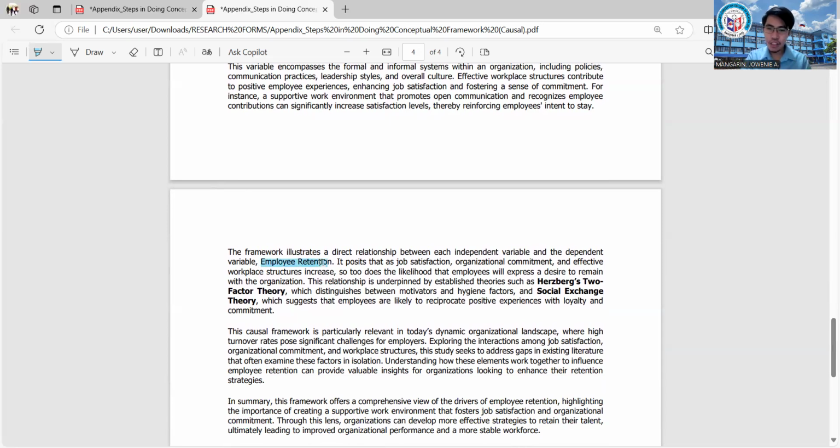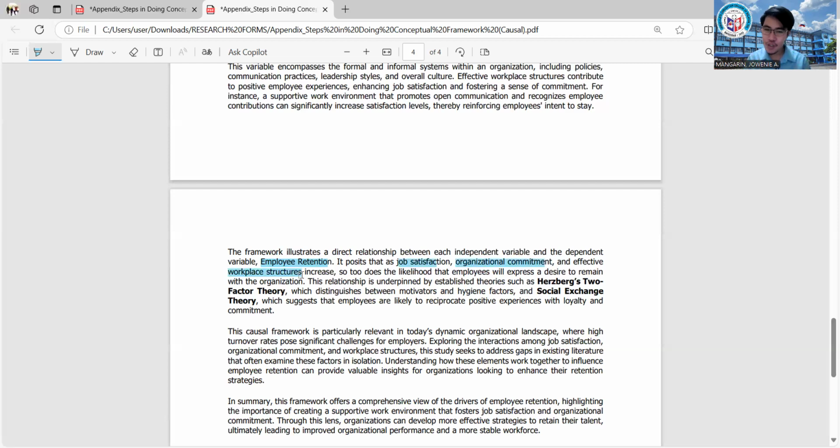Okay, they have mentioned here that if you want that your employees will stay on the organization, kailangan meron silang mataas na job satisfaction, organizational commitment, and last one ay effective workplace structures. Saan nila kinuha ito? Ano ang naging basis nila para ma-develop yung kanilang causal framework?